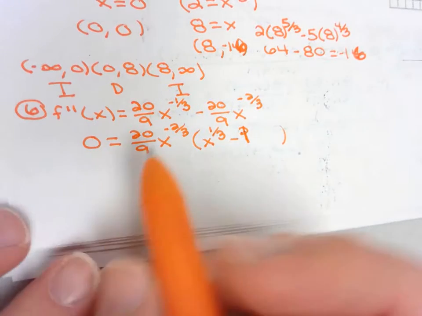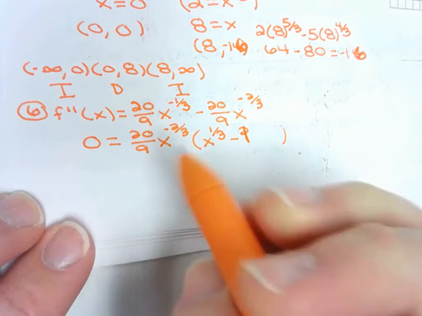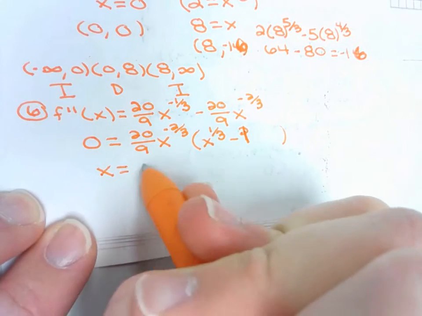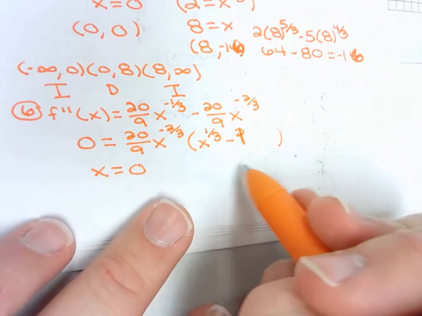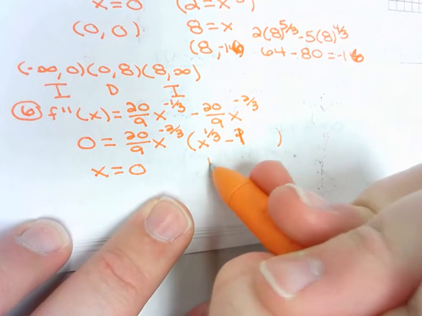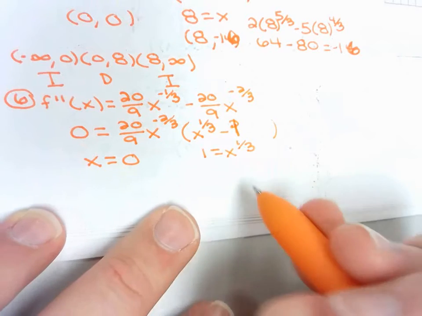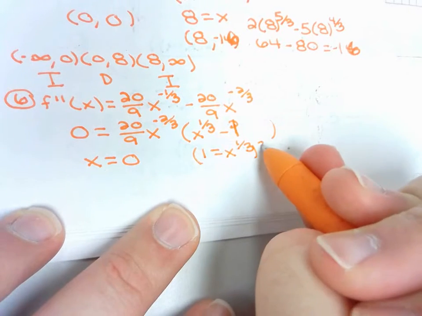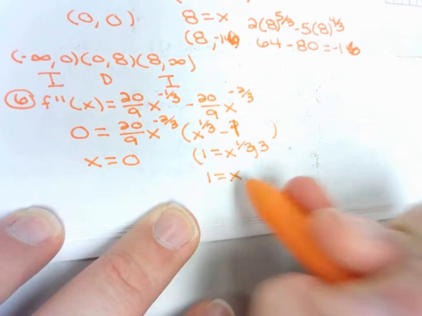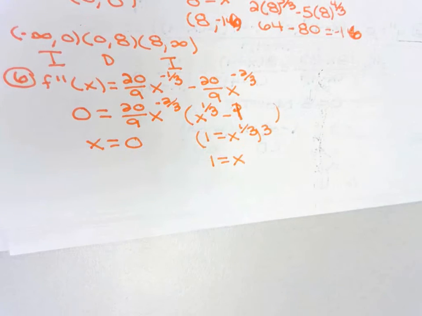So if I set it equal to 0, my chunk out front will give me x equals 0. This chunk, if I add 1, so 1 equals x to the 1/3, cube both sides, so x equals 1. So my inflection points are at 0 and 1.